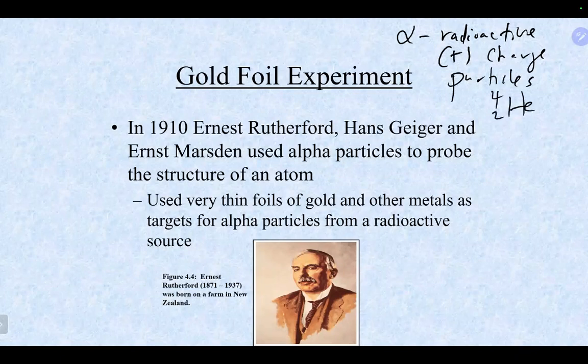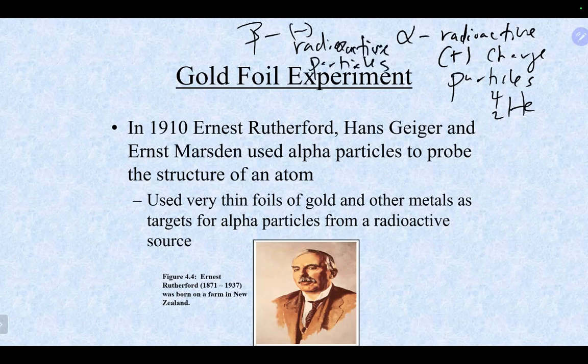By the way, there are beta particles that have been used in these sorts of experiments, not necessarily the gold foil experiment, but in experiments in general. These are negatively charged radioactive particles. There are also gamma rays that are sometimes used in some of these experiments, once again not in the gold foil experiment.